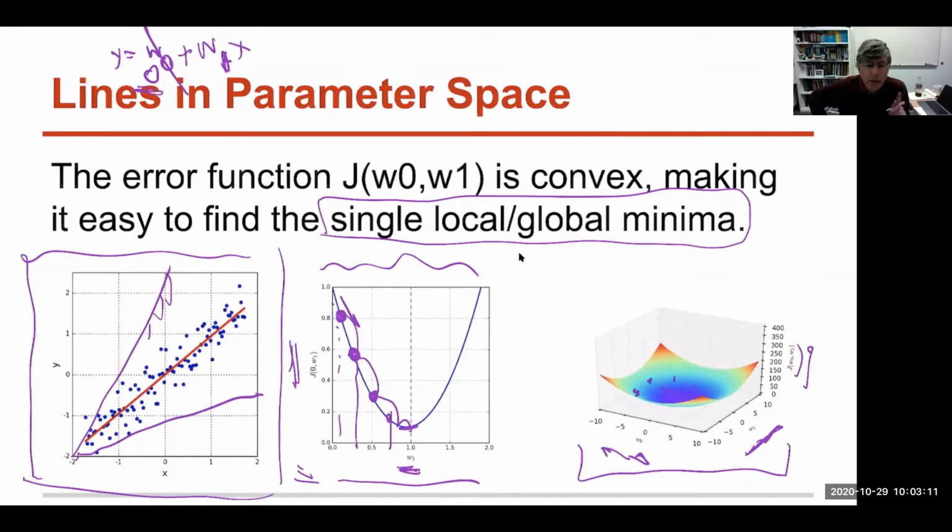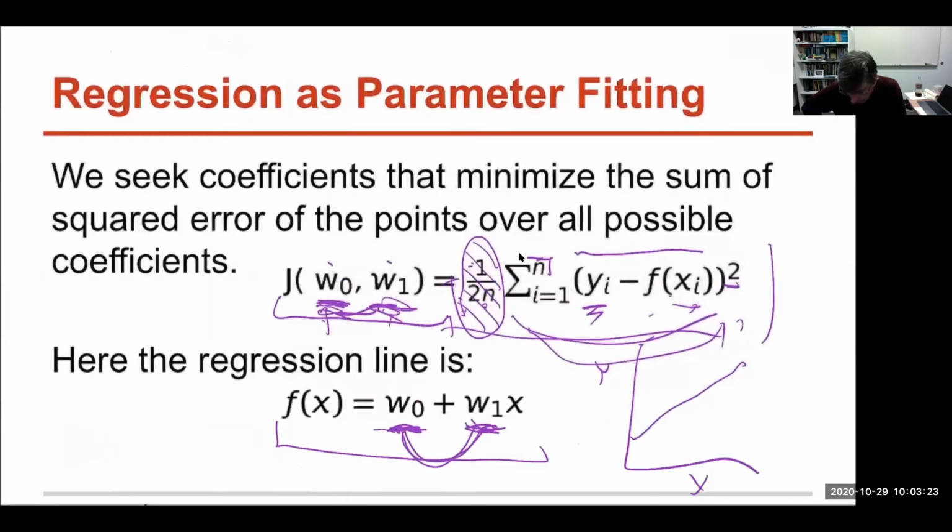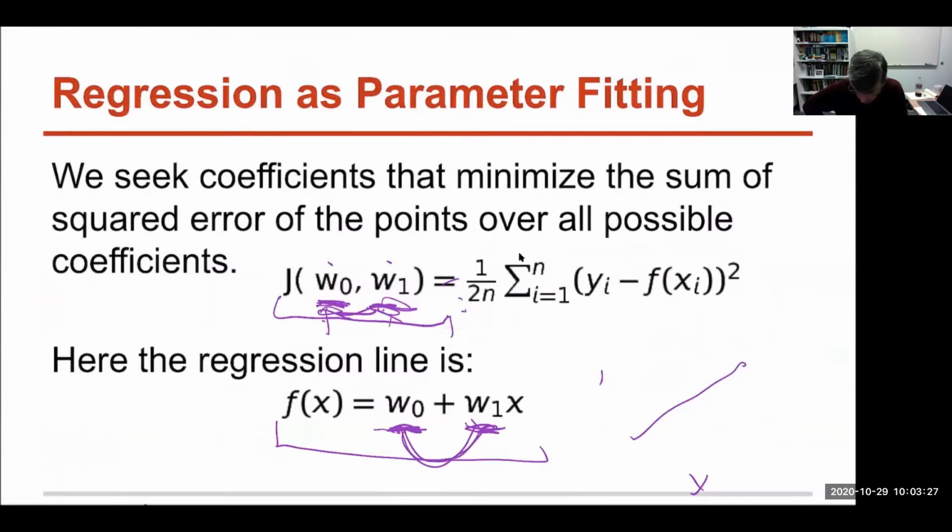The critical thing here is to see what we have done. We took as input a set of points. Based on the points, we have an error function, which I might as well go back to the full-blown error function here. We can evaluate that error function for any possible choice of parameters for the line.